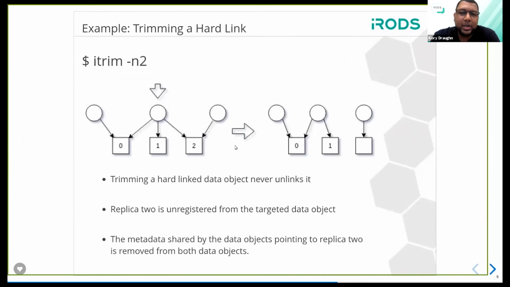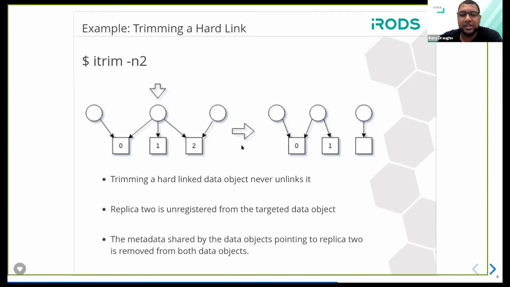So how about trimming a hard link? In this example, we're going to trim replica 2 of this data object. Again, this example is very similar to the last one in that we have 3 logical paths that share multiple replicas. During a trim, we remove 1 link because the rule engine plugin knows that there are two data objects pointing to that replica.